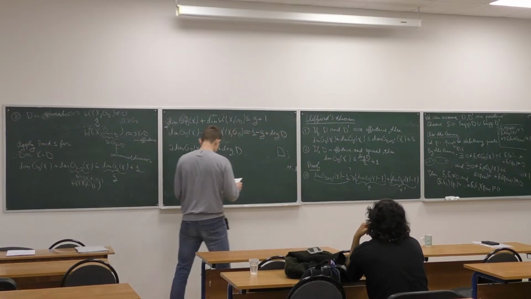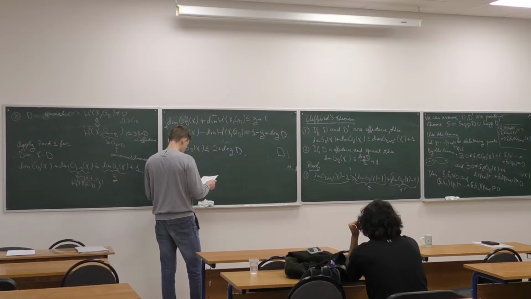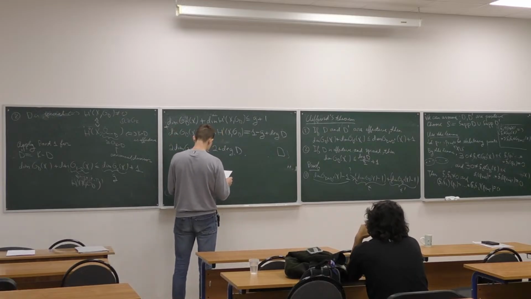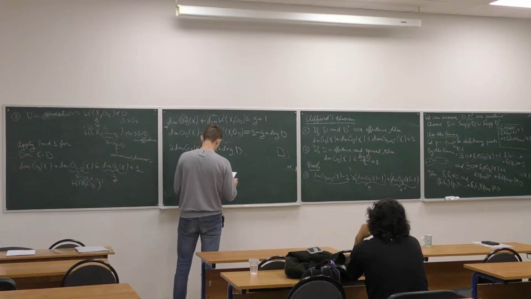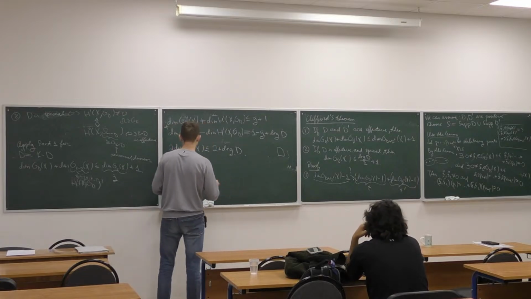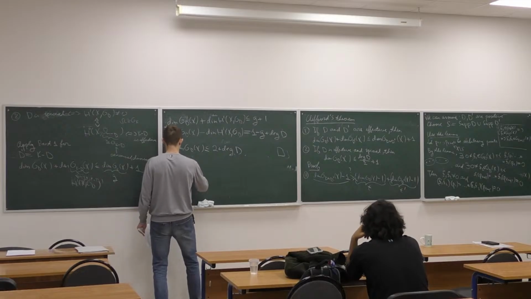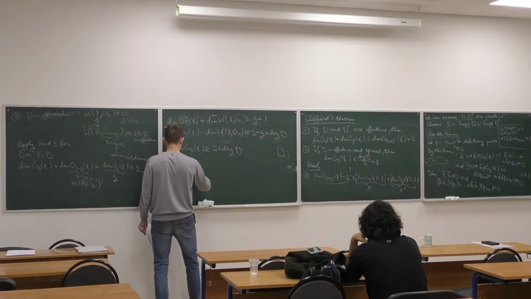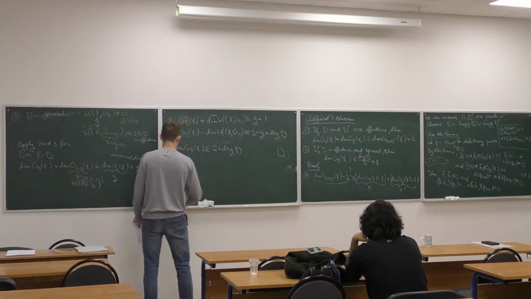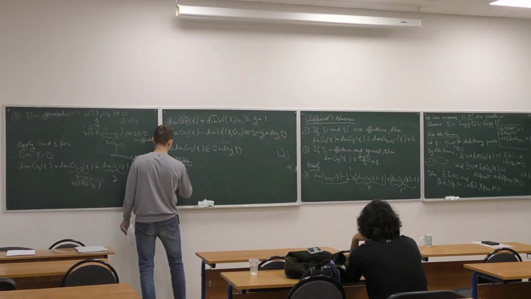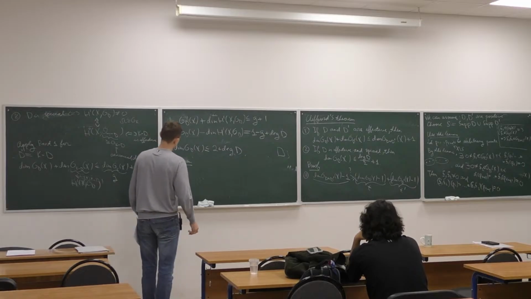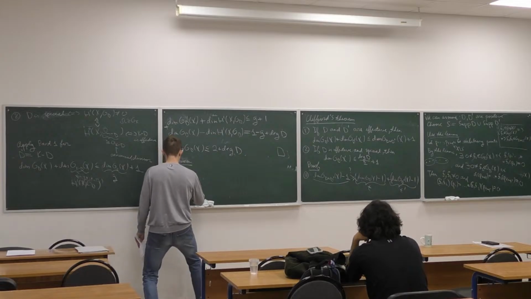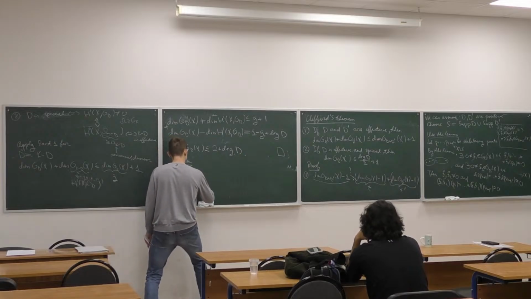Okay, and then we can prove this theorem about the weights of the Weierstrass point. So we consider a Riemann surface of genus greater or equal to 1, and suppose P is a Weierstrass point.